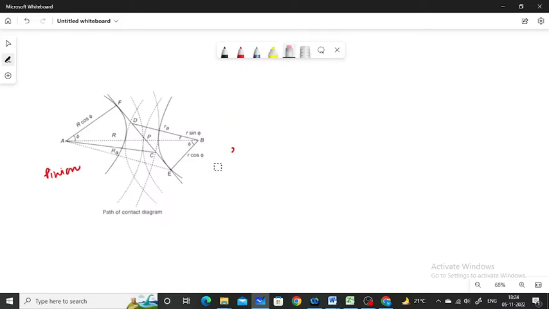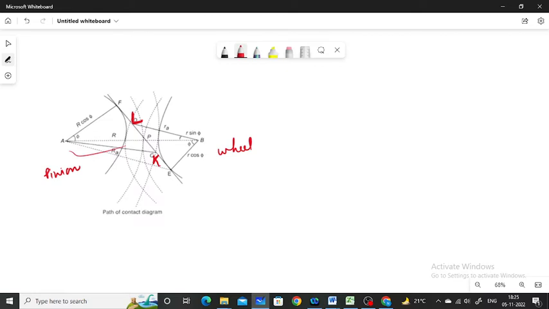When the pinion rotates in the clockwise direction, the contact between a pair of involute teeth begins at K on the flank near the base circle of the pinion, or the outer end of the tooth face on the wheel, and ends at L.